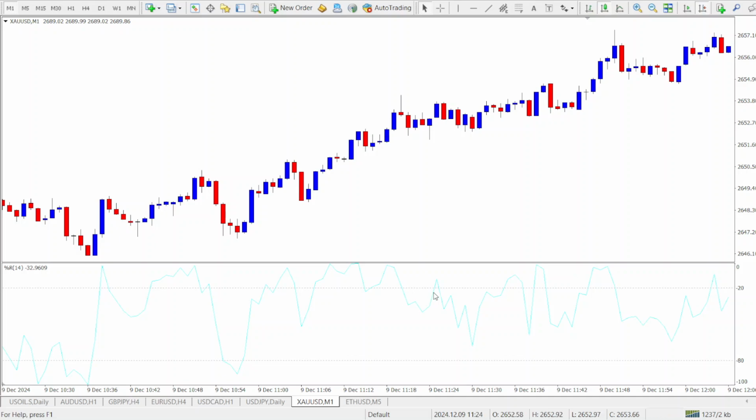You can see that it is plotted from 0 to -100, not from 0 to 100, because with other indicators the 0 is usually at the bottom, while the 100 is usually at the top. But the Williams percentage range is the reverse. So in simple terms, it helps traders identify when the market might be due for a reversal, making it a great tool for timing entry and exit points in your trades.